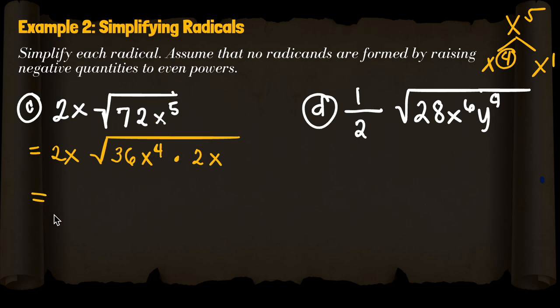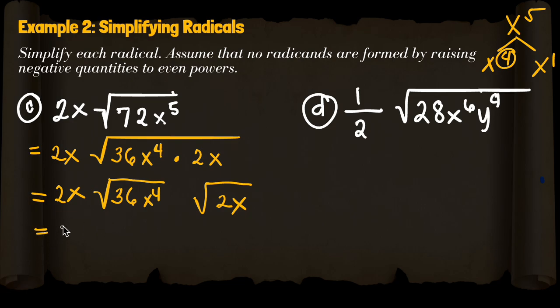So, using the product rule of radicals, we can write 2x first here, and then 36 x raised to 4. I'm separating them into their own houses. One is the perfect square number times the square root of 2x. We no longer write the multiplication sign because, when they are side by side, they are automatically multiplying each other. Now we simplify. Let's bring down 2x again.